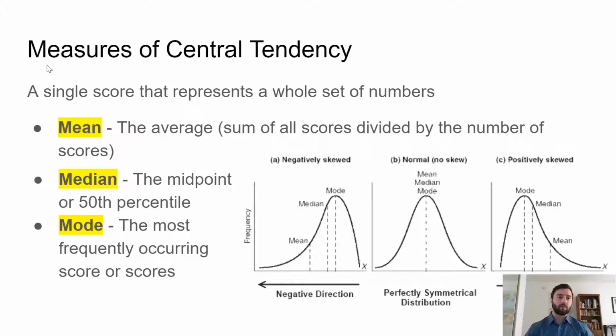Now, another way that we can describe data is through what are called measures of central tendency. What these are basically is a single score, a number, that's going to represent the whole set of numbers. The idea is I've got a whole bunch of data, a whole bunch of numbers, but I need to be able to effectively give that to somebody else and have it mean something.